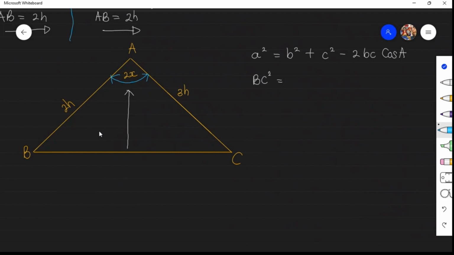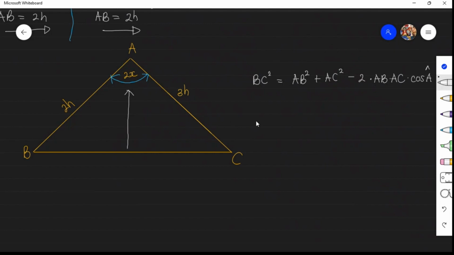Alternatively, you can just figure out which are the sides next to the angle if you don't want to use the arc method. So that is then going to be AB squared plus AC squared minus 2 times AB times AC times cos of angle A. So we can get rid of the top formula.